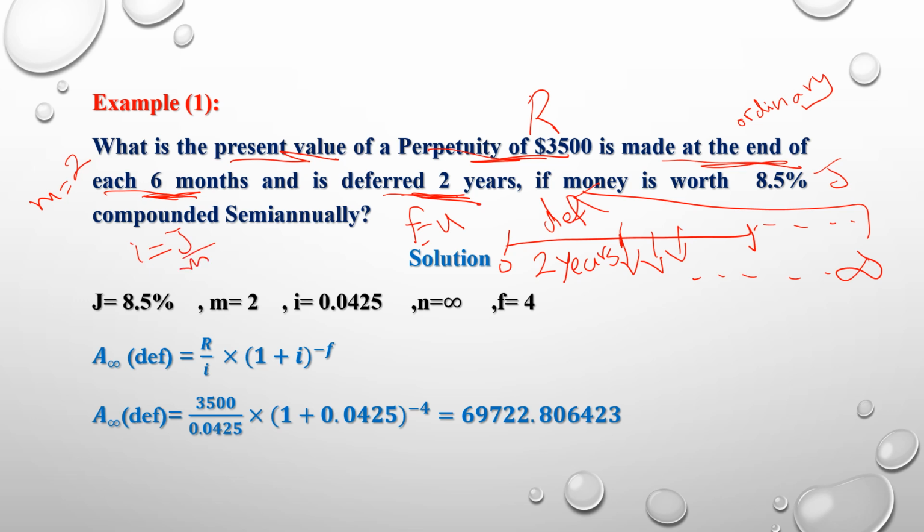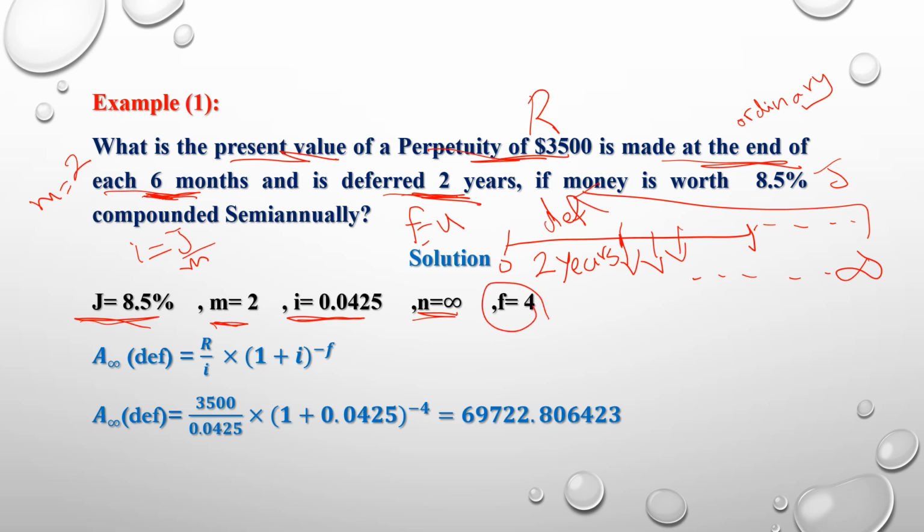Again, from this example, J equals 8.5%, M equals 2, as this perpetuity is made at the end of each 6 months, so this means twice a year. I is J over M, and N is infinity as it's a perpetuity.